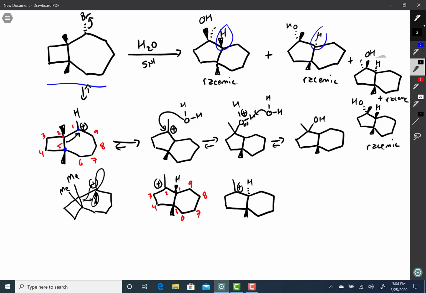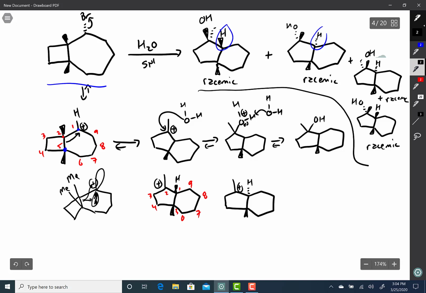And so there ends up being 2, 4, 6, 8 possible products, because you have 4 chiral diastereomers that are possible. And each one of these diastereomers is chiral, so you have each one of their enantiomers as well. So there's actually quite a few more products, I just didn't list them all.